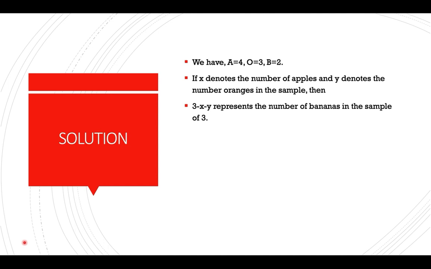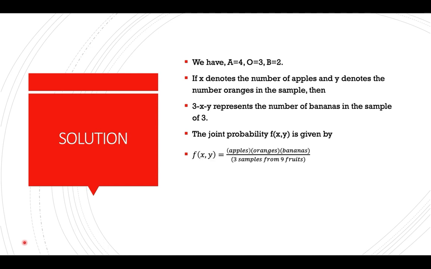So the number of bananas in the sample of 3 will be represented by 3 minus x minus y. So the number of bananas will depend on how many apples and oranges have been selected. Okay, so the joint probability f of xy will be given as follows.